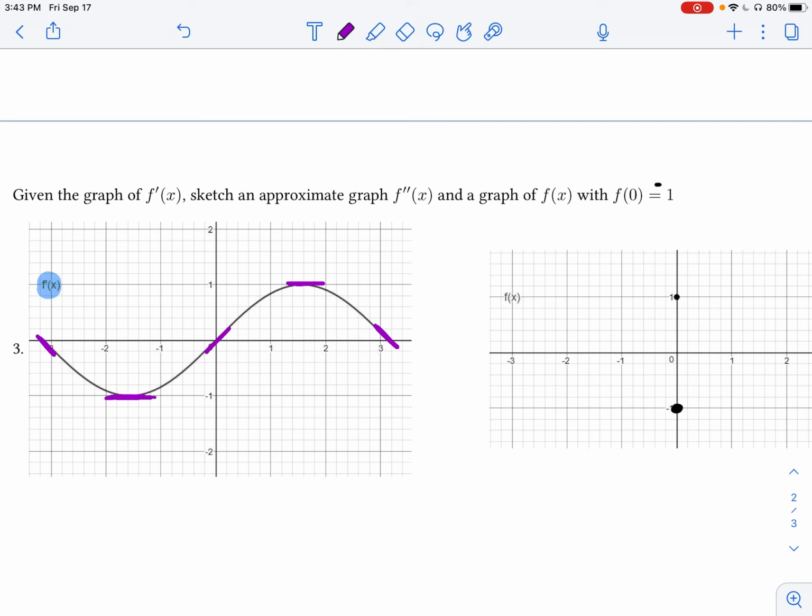So if I were to sketch those slopes of those tangent lines as y values, this would be -1. Right around here would be about 0. This would be +1. This would again be about 0. And this would be about -1 right around here. So this graph would actually look something like this.